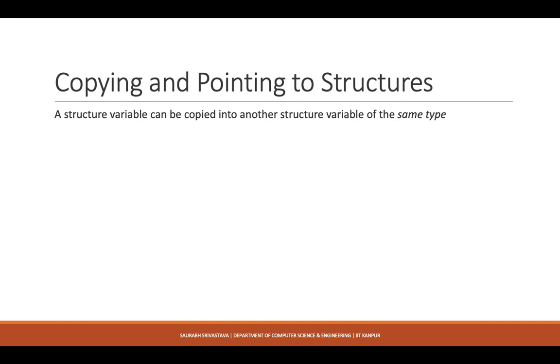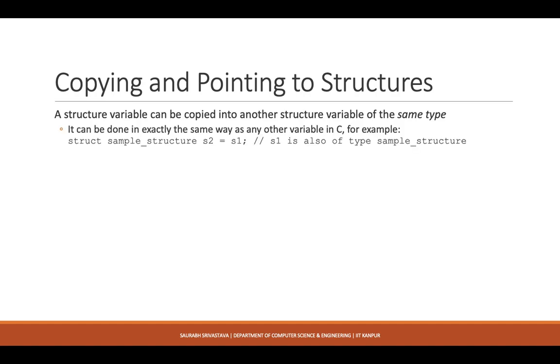So s2 equal to s1 will simply copy all the content of s1 into s2. This is also known as a member to member copy. All the members of s2 will be assigned the corresponding values of the member variables of s1.